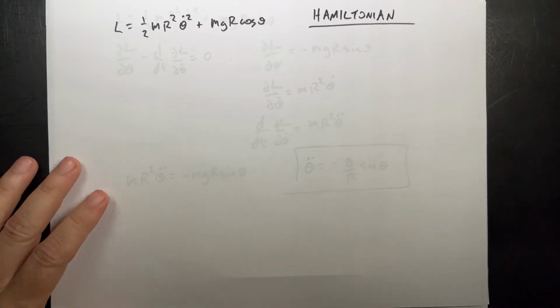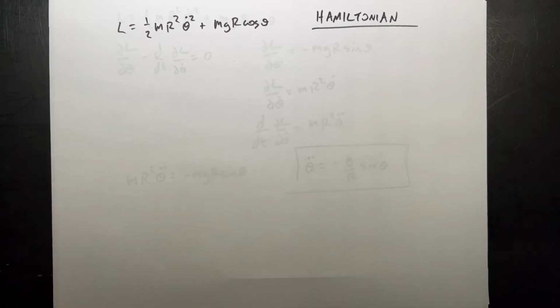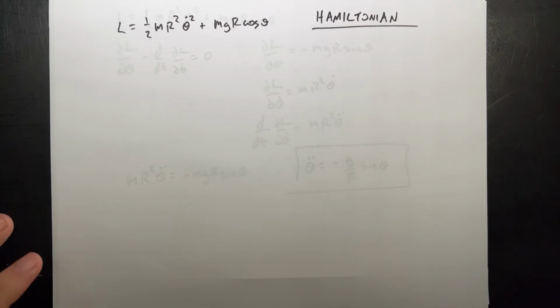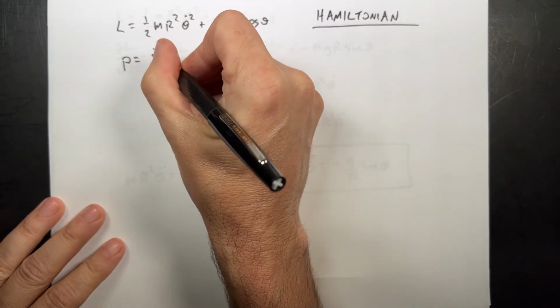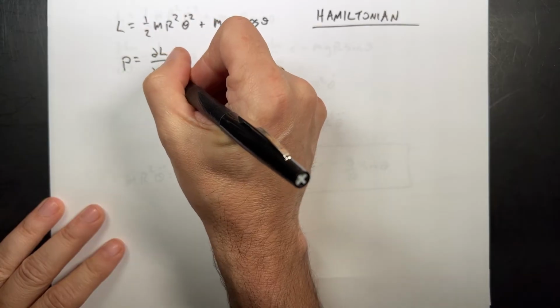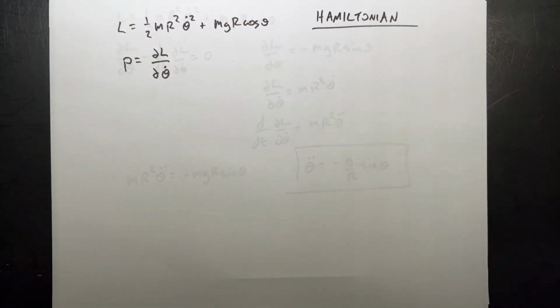So in general, first of all, we define momentum, which you could say, oh, momentum is mass times velocity. That is sometimes true, but if you have strange coordinates, you have strange momentums, and so it's not always obvious. So in general, the momentum P is defined as the partial of L with respect to theta dot. And for my case, it could be q dot, right? If you want to do a generalized version.